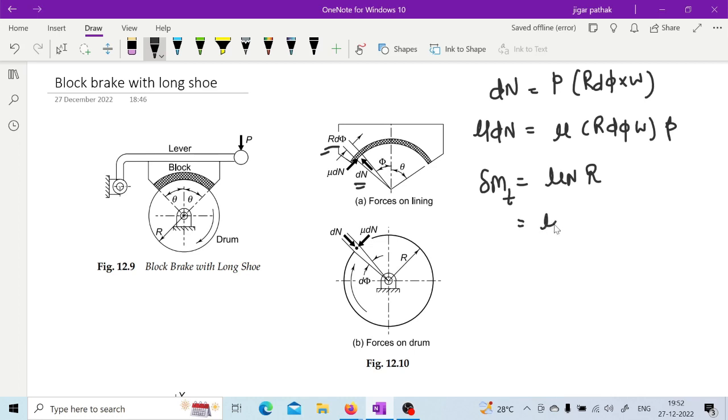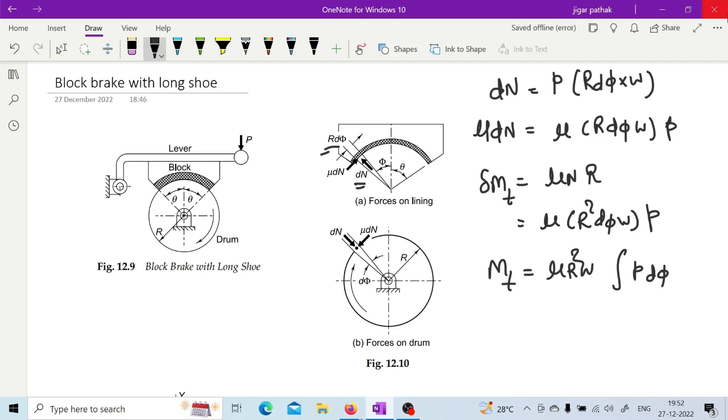So this will be mu r square d-phi W into P. So this is how MT can be represented as mu r square W, P d-phi, right? So this is how the braking torque is defined in this particular case with long shoe, right?